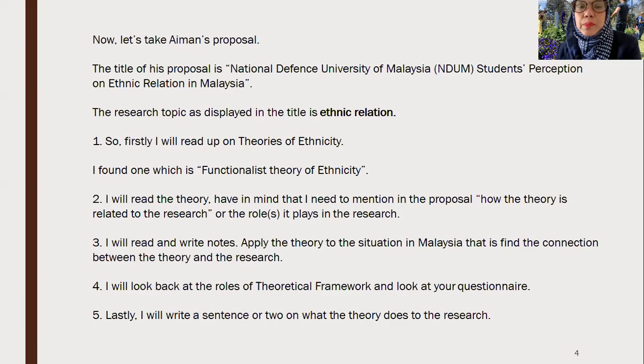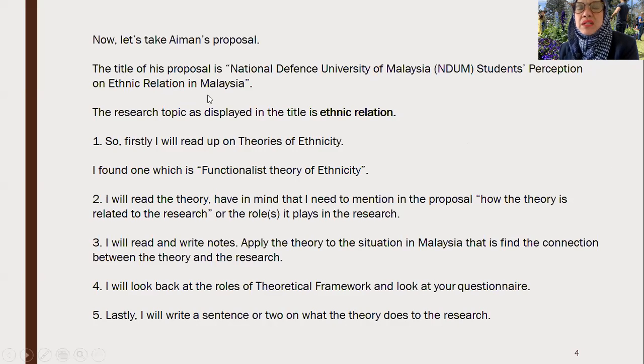The title of his proposal is National Defense University of Malaysia, NDUM students' perception on ethnic relation in Malaysia. So you see here the research topic being displayed in the title is ethnic relation in Malaysia. Okay, so what I will do, first I will read up on theories of ethnicity.